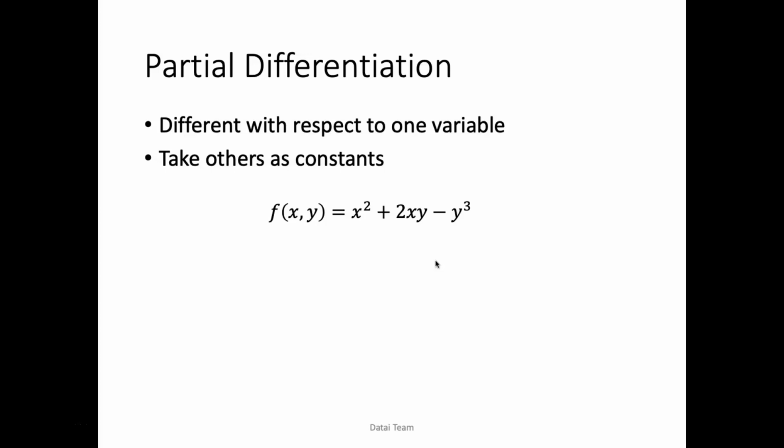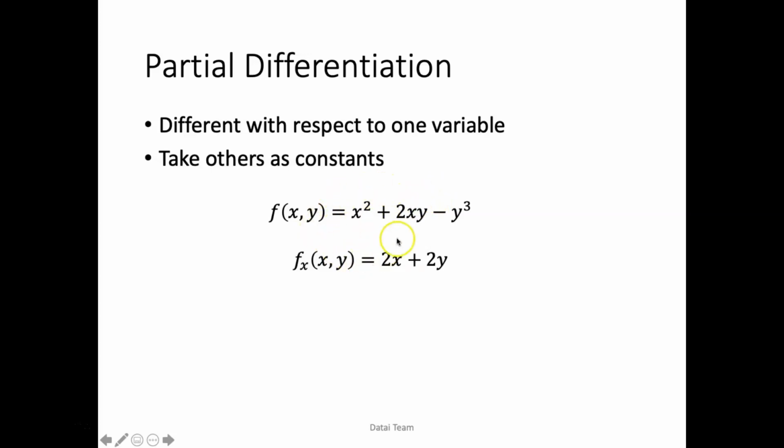For example, we have f(x, y) equal to x squared plus 2xy minus y squared, plus y cubed. And here we have this x here. This means that we are taking the derivative with respect to x. So we assume that y is a constant, like a 5 or 3 or 1, a regular number.